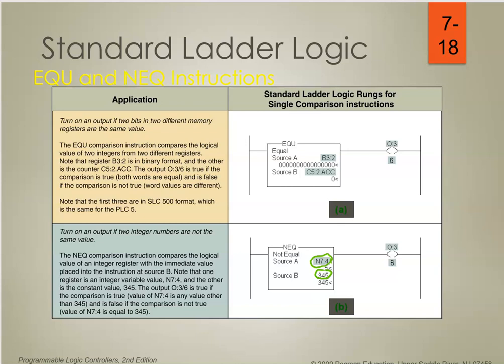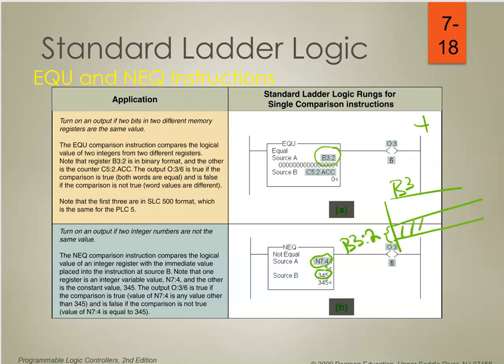In this one, we have the equivalent comparison instruction, EQU. Source A is your B3:2. So basically that means you're focusing on the B3 file, and the whole word that you have as B3:2.